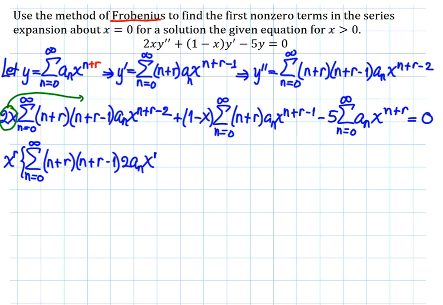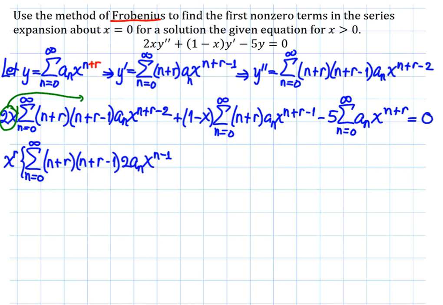The x to the r we factor out, and the minus 2 here goes with the 2x in front. So that becomes only n minus 1, because the x to the first power, we bring it inside, we only have x to the n minus 1 there, right?